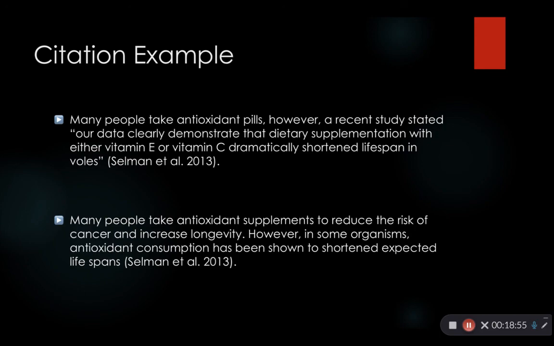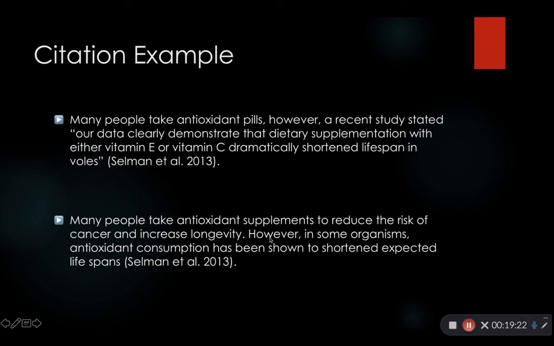So here's an example of how you might do that. This is one that I did not do, this slide. I wish I could put an X right through this first one because it actually has a quote from a paper. So we don't put quotes in your papers. All right, let's look at this one on the bottom. Many people take antioxidant supplements to reduce the risk of cancer and increase longevity.